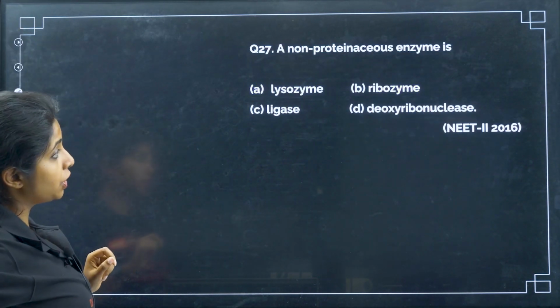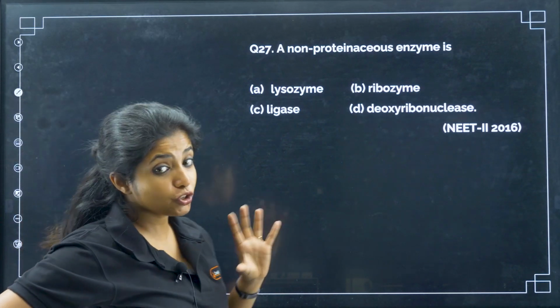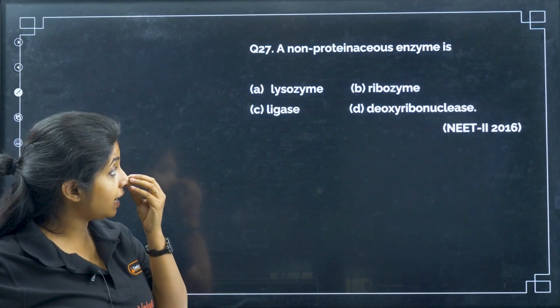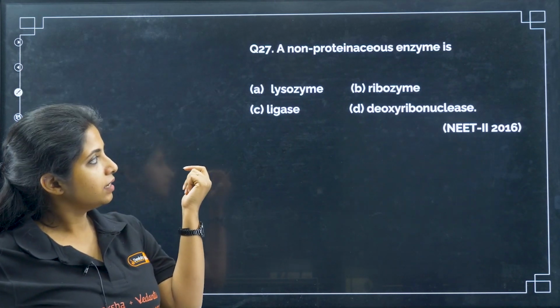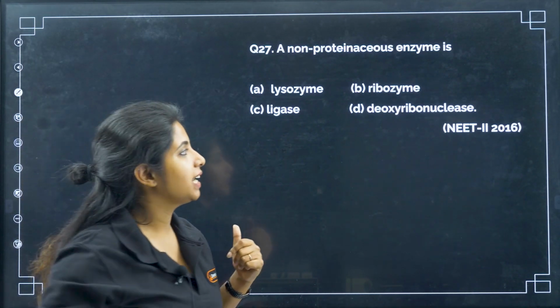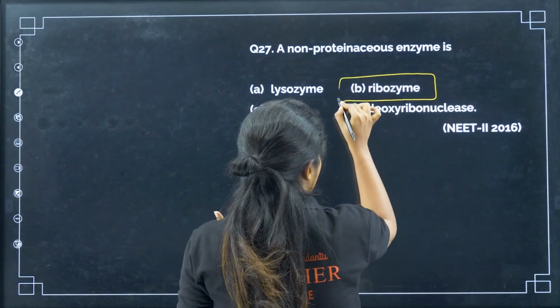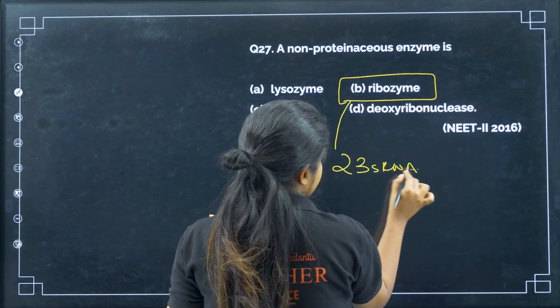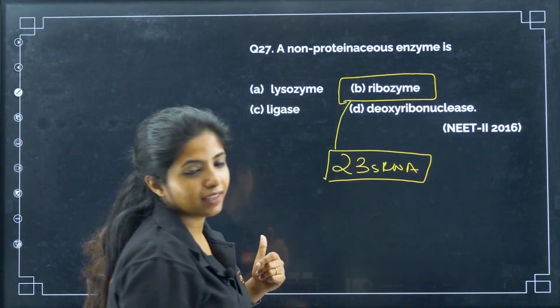Next, a non-proteinaceous enzyme. That means it is not made up of protein, but it is still an enzyme. What is it? Lysozyme, ligase, deoxyribonuclease, ribozyme. Your answer is ribozyme. I hope you remember 23S rRNA.